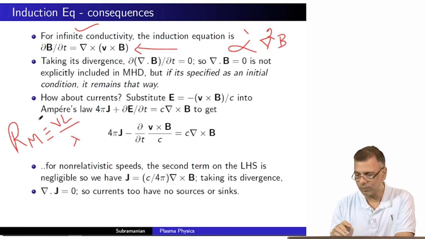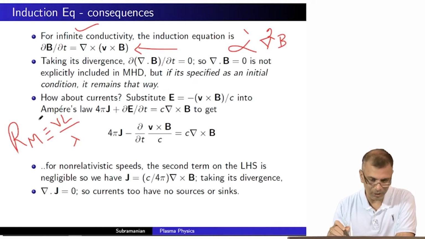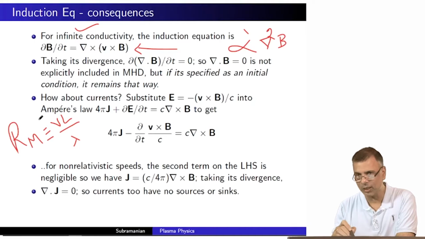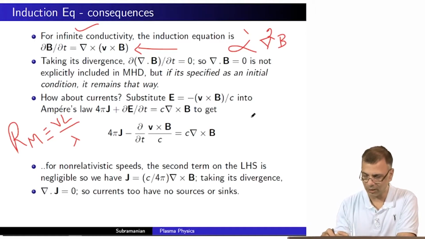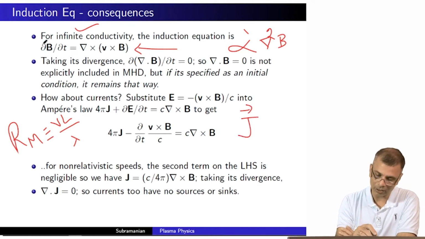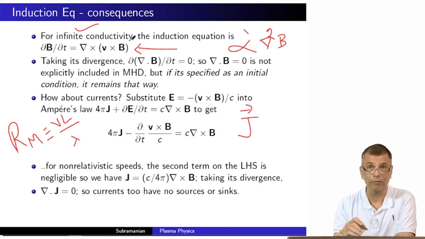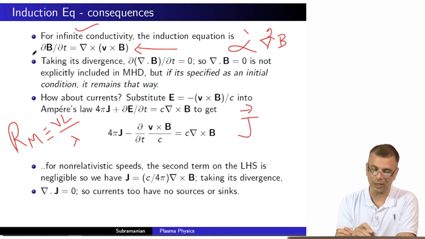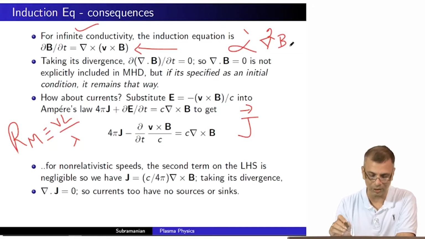Now what we will do, and we stopped last time, was start to discuss some curious aspects about current density J in ideal magnetohydrodynamics, for which the conductivity is assumed to be infinite. In ideal MHD, the induction equation is just this with no additional terms.